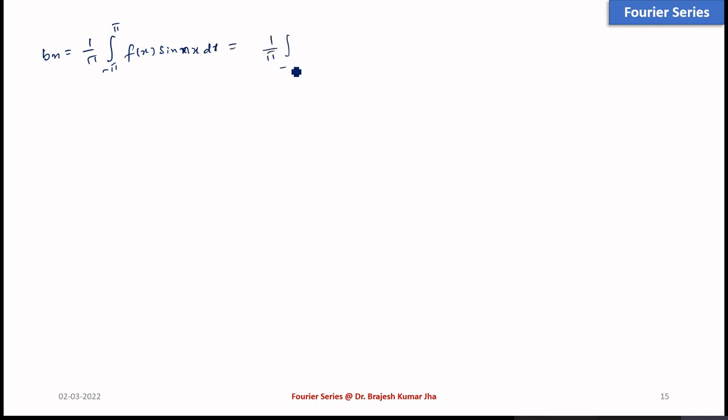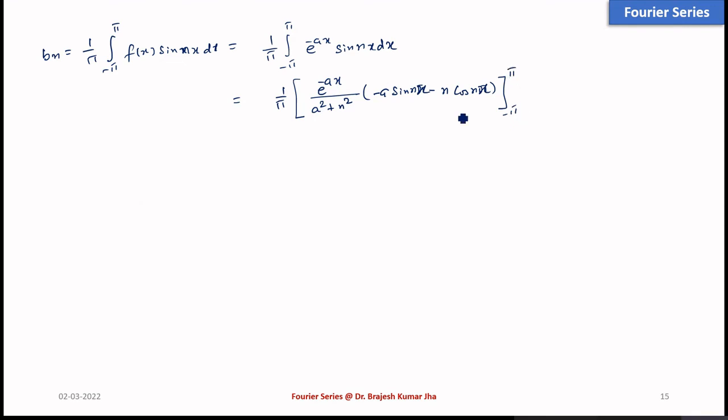So it is going to be 1 upon pi, minus pi to plus pi, e to the power minus ax sine nx dx. So this can be written as 1 upon pi e to the power minus ax upon again a square plus n square, minus a sine nx minus n cos nx, from minus pi to plus pi.